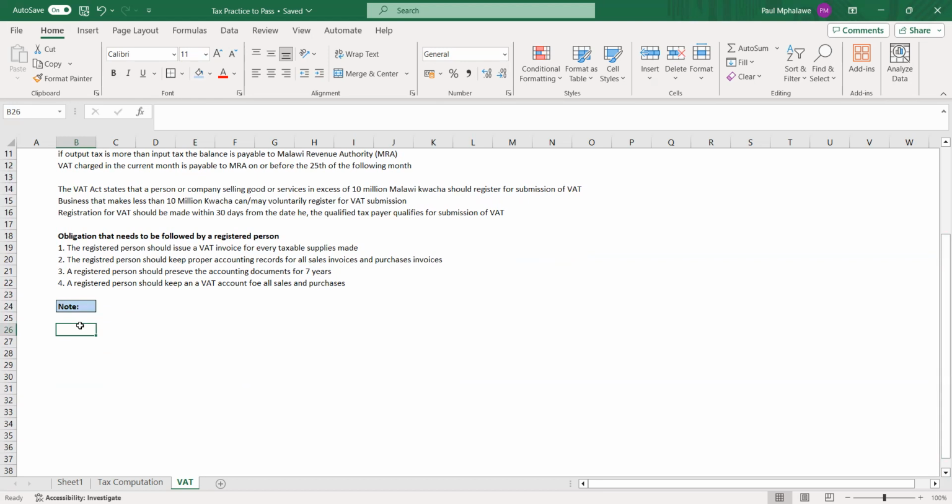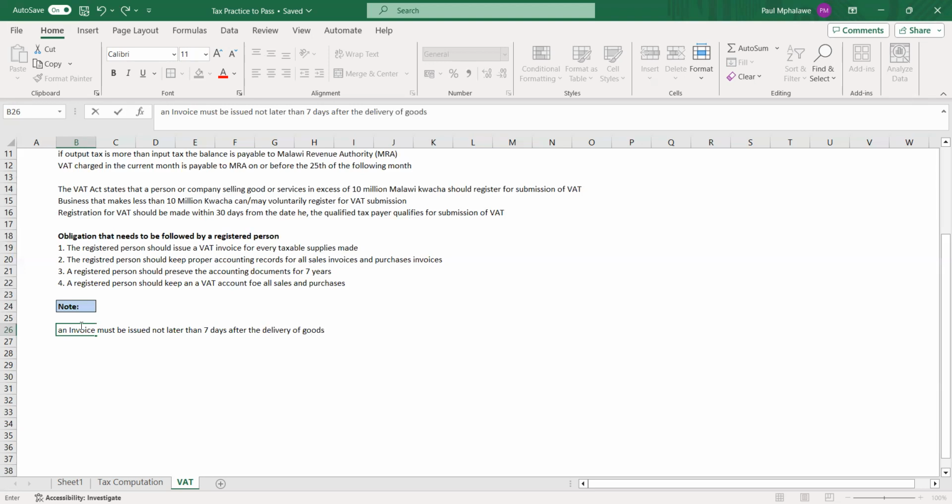Okay, what we're saying is an invoice must be issued not later than 7 days after the delivery of goods and or services. Okay, it must be marked as a tax invoice on top.